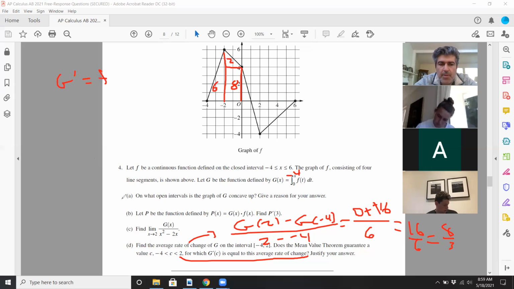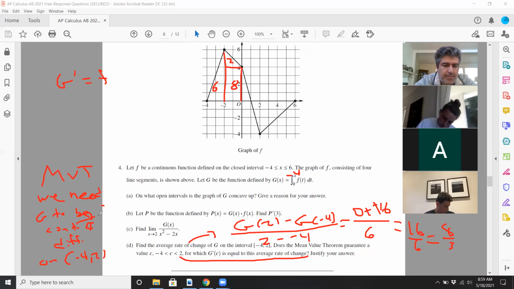For mean value theorem to apply, remember, we're doing this for G. We need G to be continuous and differentiable on an interval. It's actually an open interval for the differentiability, but for the continuity, a closed interval.